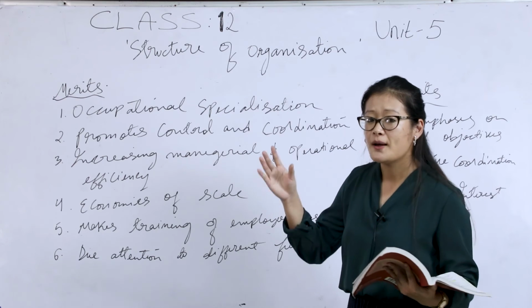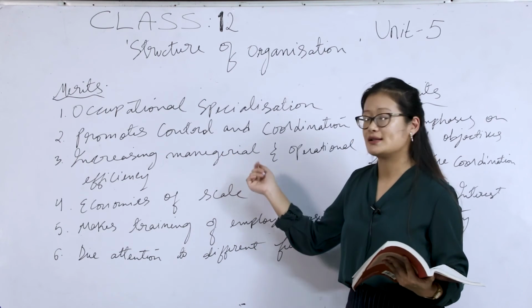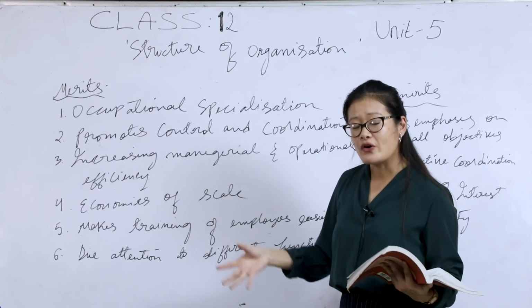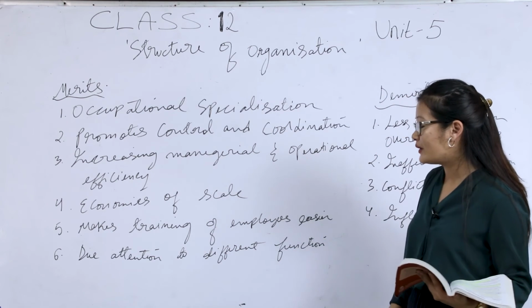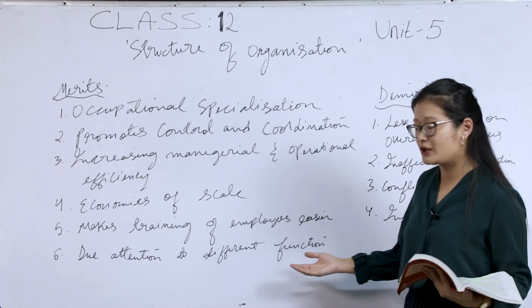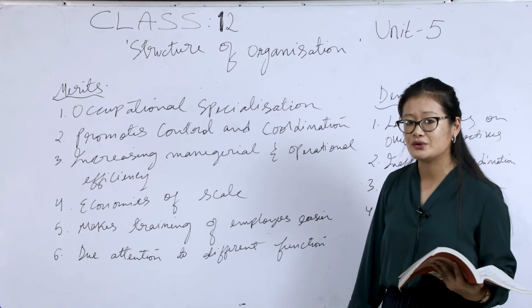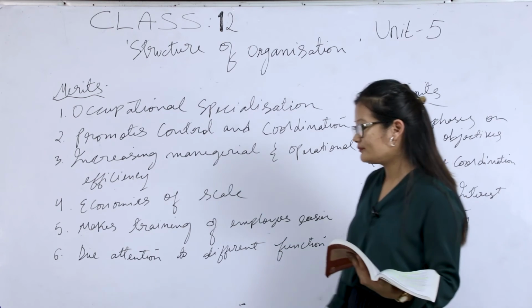But what they do under this organization is they focus only on their department goals. So in a way, it is good, right? Because they will definitely be able to achieve them.